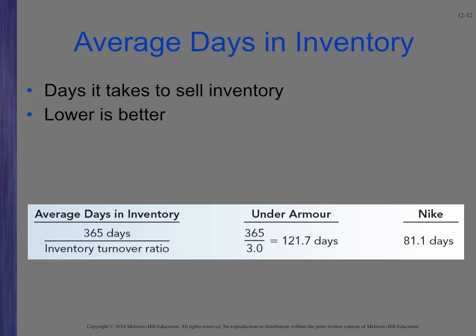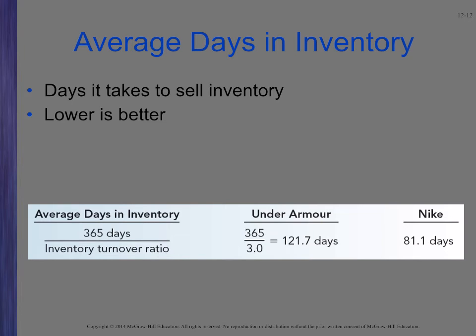We calculate the average days in inventory in this illustration. Under Armour's average days in inventory is 121.7, calculated as 365 days divided by the inventory turnover ratio of 3.